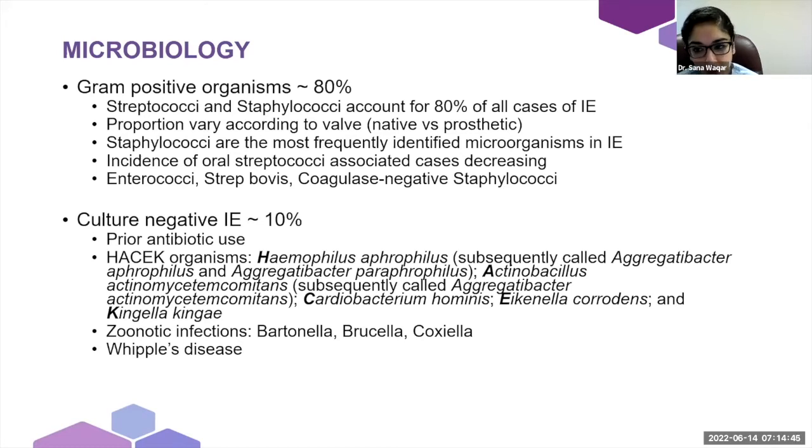A good history helps you delineate that. We diagnose zoonotic endocarditis with serology, or now we also have PCR available in the United States that can be sent on valve tissue if they have a valve replacement. And Whipple's disease is another one that can give you culture-negative endocarditis.